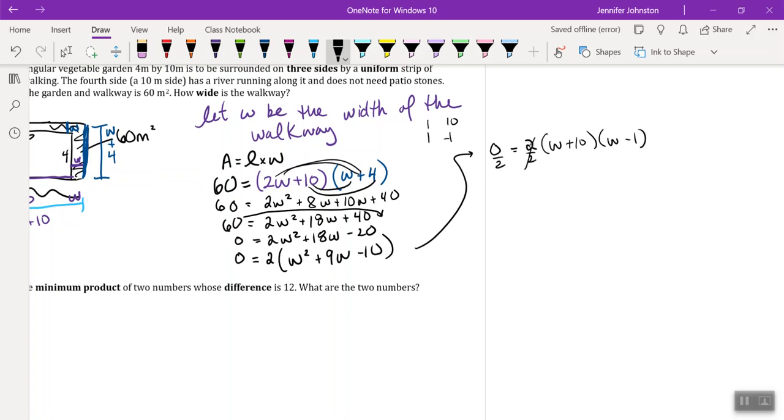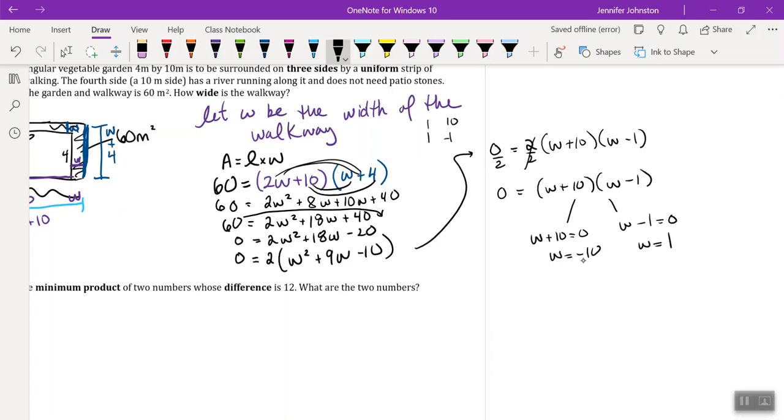When we divide both sides by 2, there's actually no more 2 left. Next, we take both of these factors: w plus 10 is equal to 0, and w minus 1 is equal to 0. So w is equal to negative 10, and w is equal to 1.